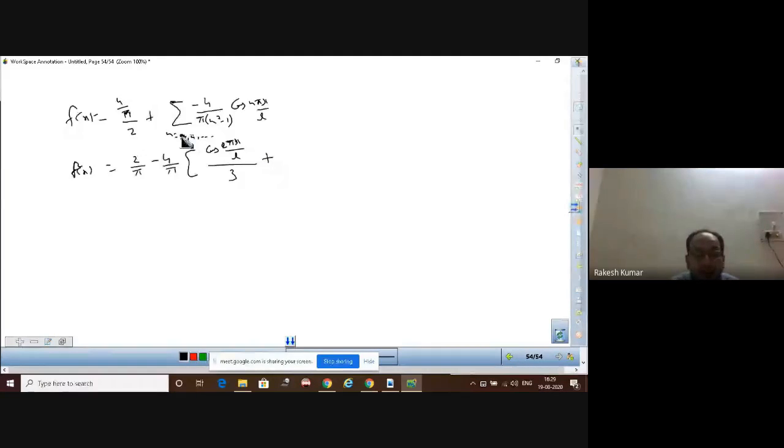Therefore we will write down cos 4 pi x over L divided by 4 square is 16 minus 1, 15. So 15 can be written 3 into 5. Similarly, the next term will be cos 6 pi x over L, and 6 square minus 1 is 35.